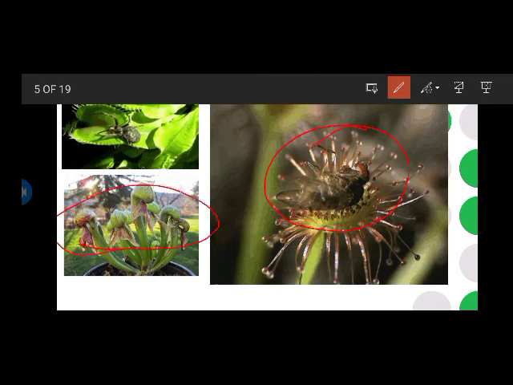This is cobra lily. And this is Venus flytrap. Okay, it has a mouth like thing with a special structure to trap the insect inside. Okay, understood?